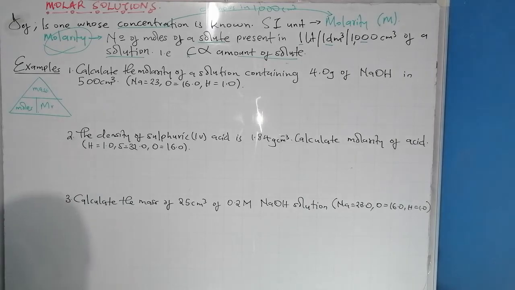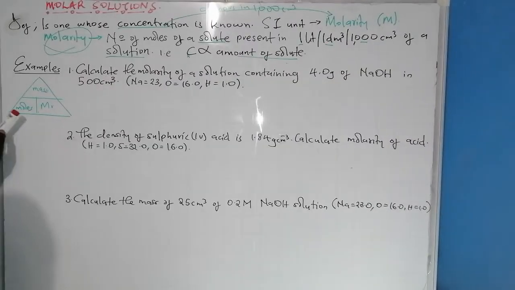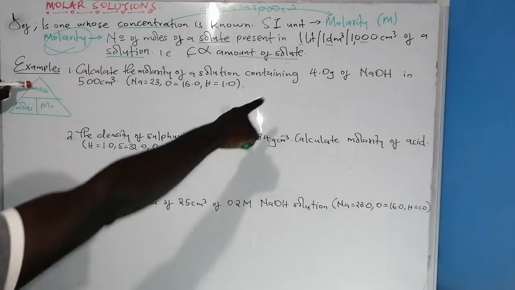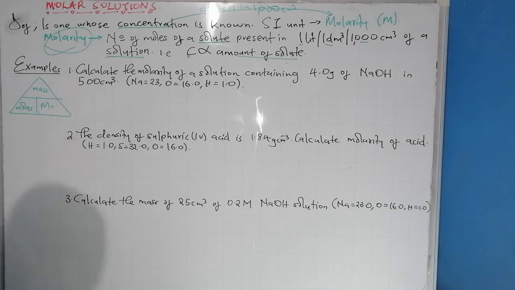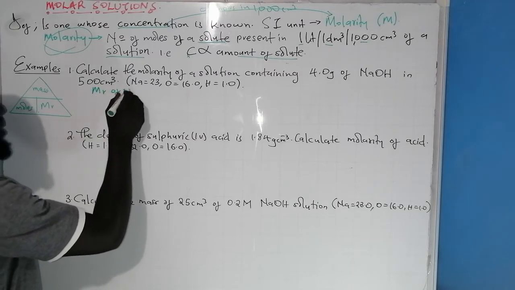Now let's take, for example, I have the mass of sodium hydroxide. How do I get the number of moles of sodium hydroxide? I take the mass, the 4.0, divided by the molar mass. It means that I must calculate the molar mass of sodium hydroxide.